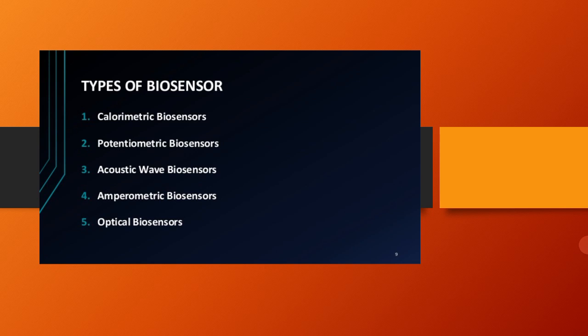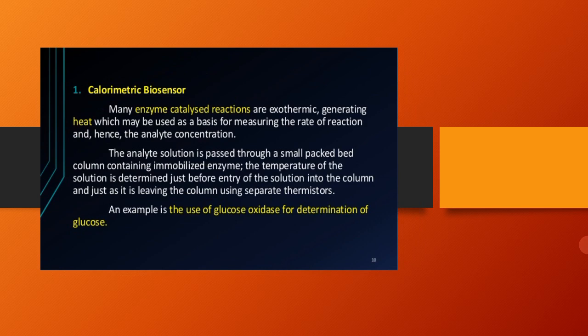The principle is the same, that is, signal transduction. These sensors are based on colorimetric transduction and are designed to detect the heat generated or the heat consumed during the biological reaction, which is then calculated, determined, sensed.